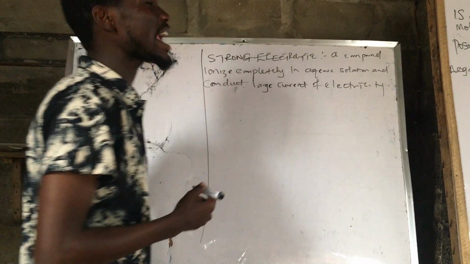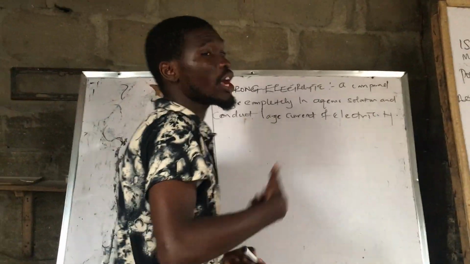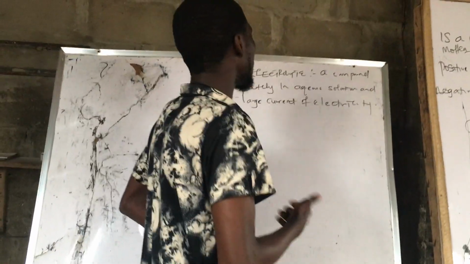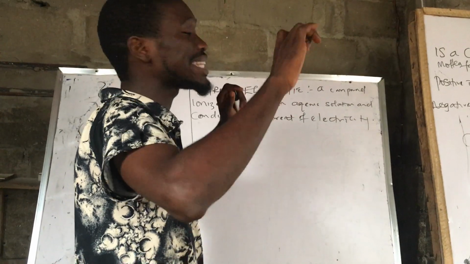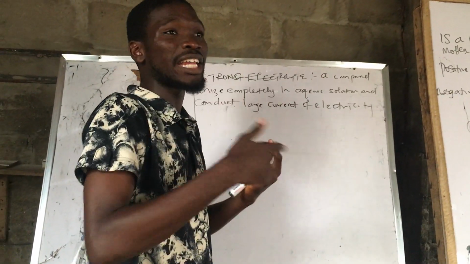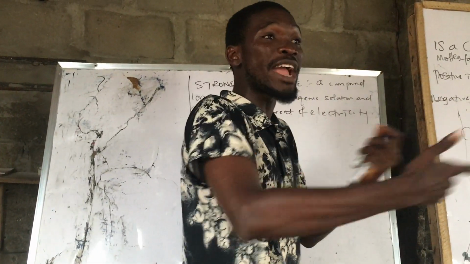When a substance ionizes completely in aqueous solution and conducts a large current of electricity, it means there is always free movement of electrons.